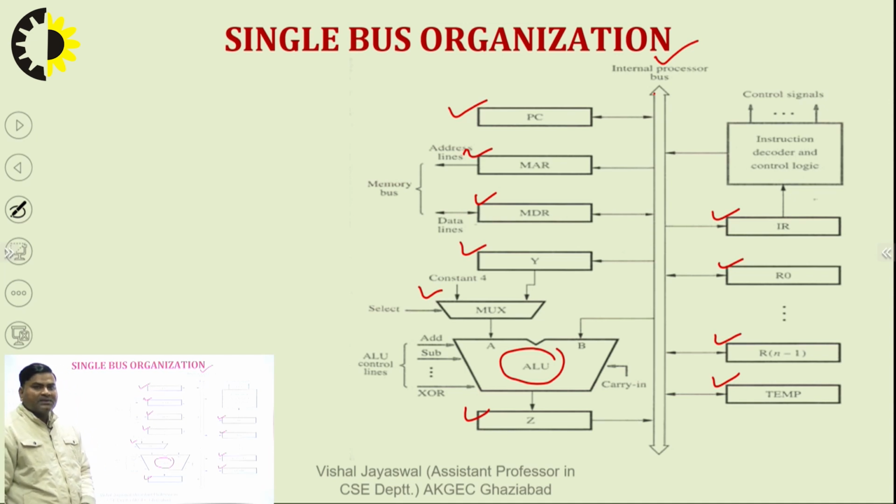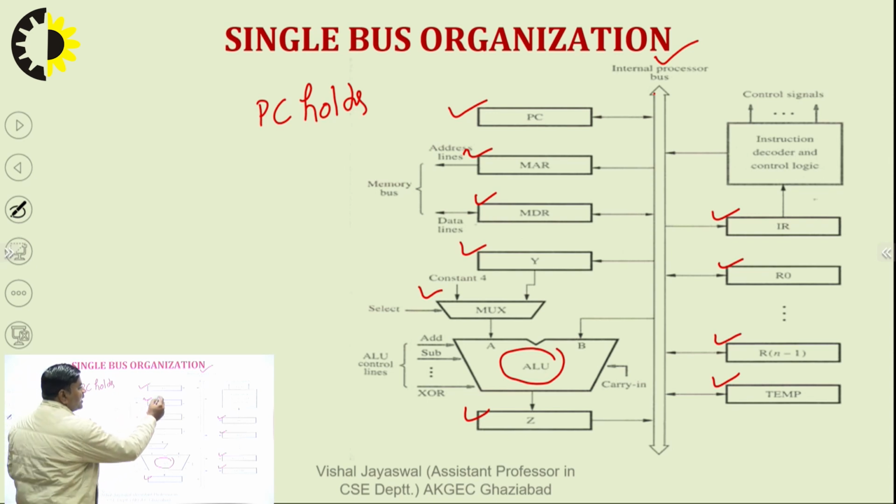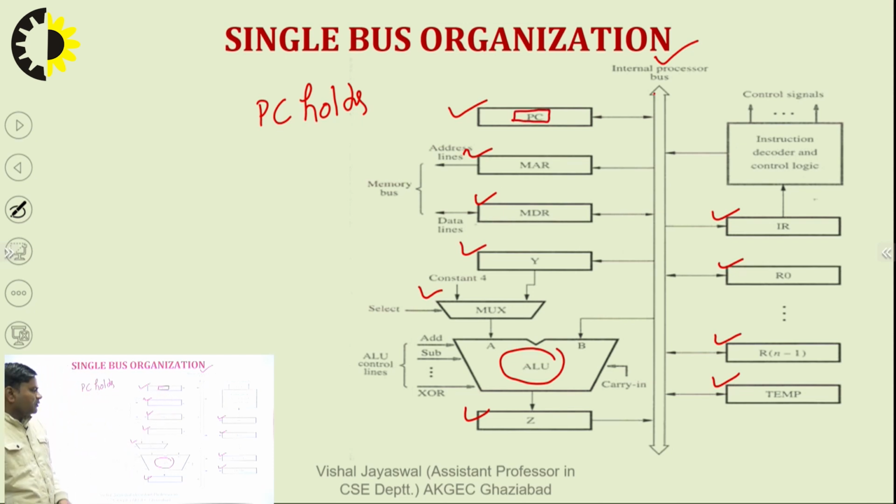First, the processing starts from fetching an instruction from memory, and the address of the instruction is placed in the program counter register. Basically, PC holds the address of the next instruction.